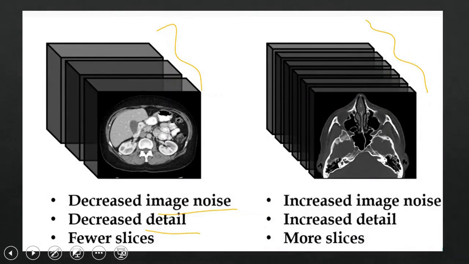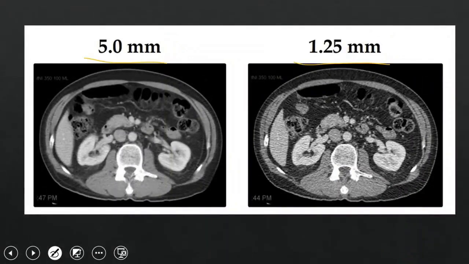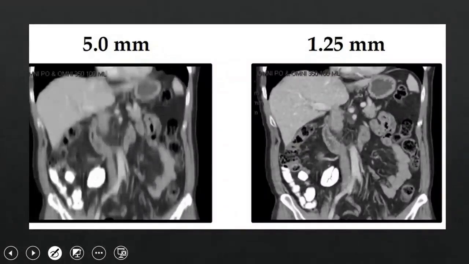Conversely, if you reduce the slice thickness, you will increase the details but will obtain more slices. For example, there is a difference between 5 mm and 1.2 mm. The difference in image quality, details, noise, and resolution between the two images is very clear.